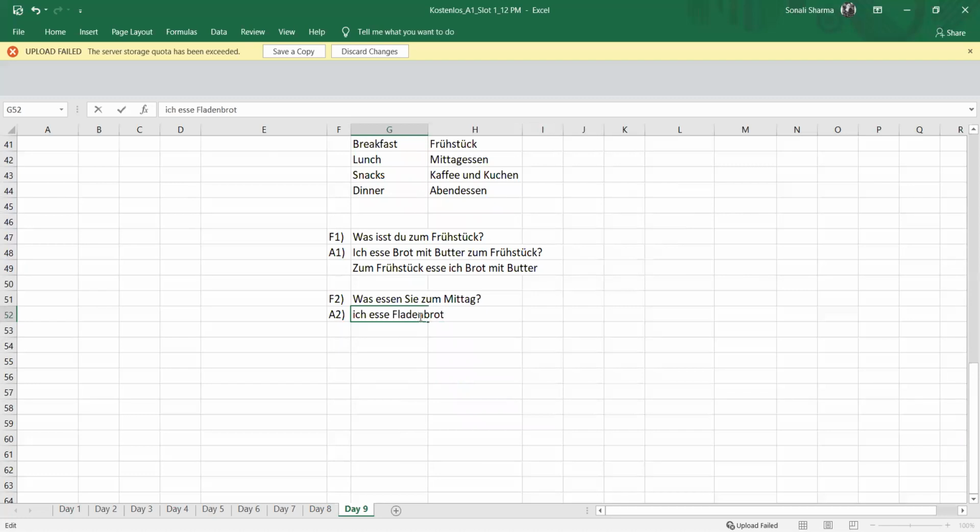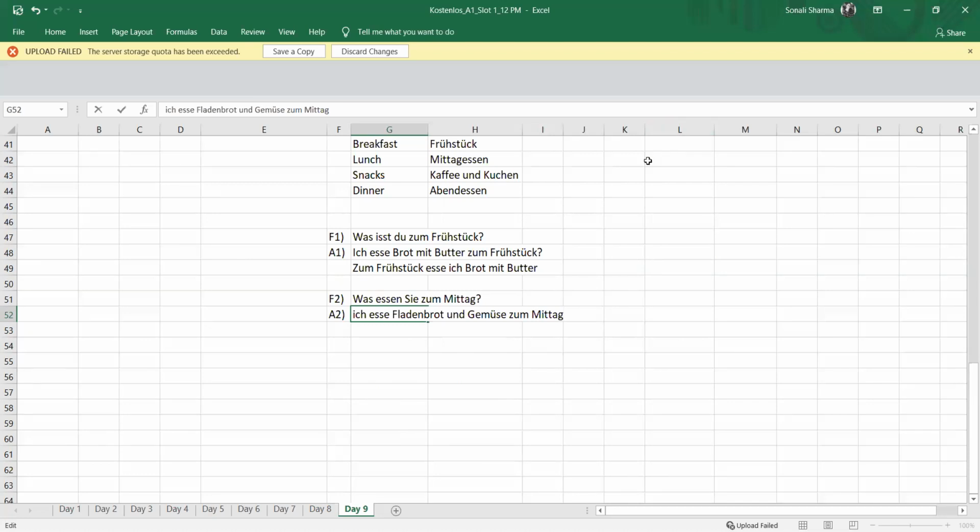Fladenbrot is roti, und Gemüse, and vegetables. It can be any vegetable. So ich esse Fladenbrot und Gemüse zum Mittag.